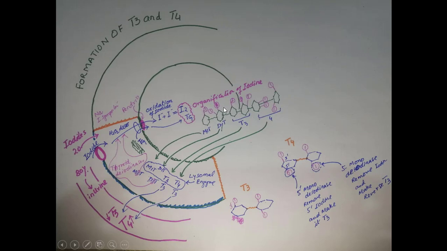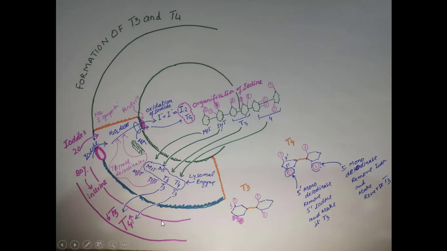All these things are accelerated by an enzyme which is known as thyroid peroxidase. It is a very important enzyme which is going to accelerate the reactions of oxidation, organification, and at the end the pairing.